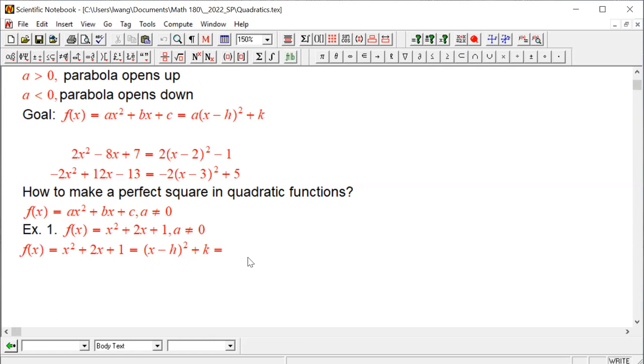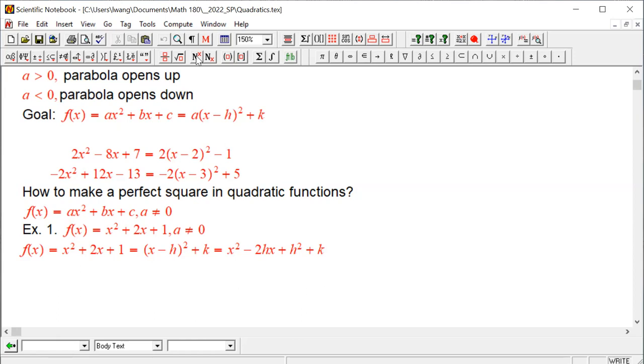If we FOIL the right-hand side, what do we get? We get x squared. You may like to pause the lecture and watch it yourself. Minus 2hx plus h squared plus k.